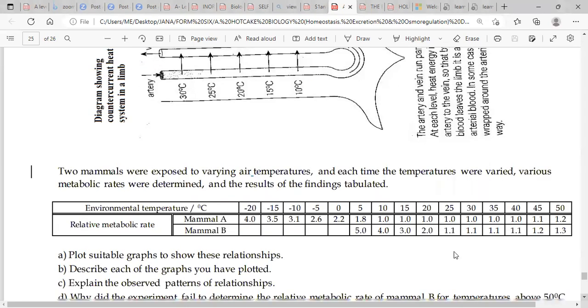There is a question here. Two mammals were exposed to varying air temperatures, and each time the temperatures were varied. Various metabolic rates were determined, and the results of the findings were tabulated. We have environmental temperature in degrees Celsius, and then the relative metabolic rate.